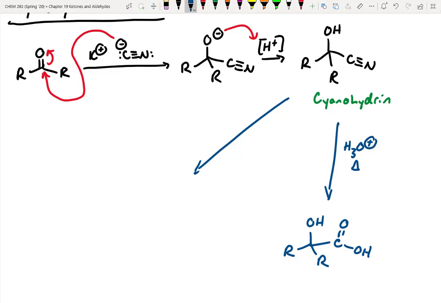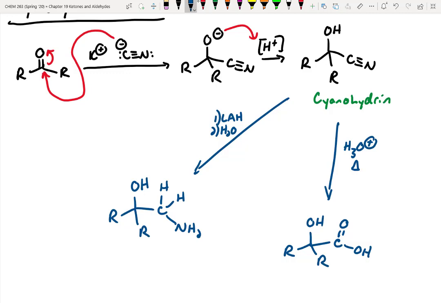All right, another method is to treat this with LAH, or lithium aluminum hydride, whichever you prefer, and quench it with water. If you would imagine this acting as a reducing agent, you could say, well, we've got some pi bonds in there, perhaps we would reduce those. And that's exactly what happens. In this reaction, you're going to still have this tetrahedral carbon, but this time you're going to reduce the carbon-nitrogen triple bond to a carbon-nitrogen single bond.